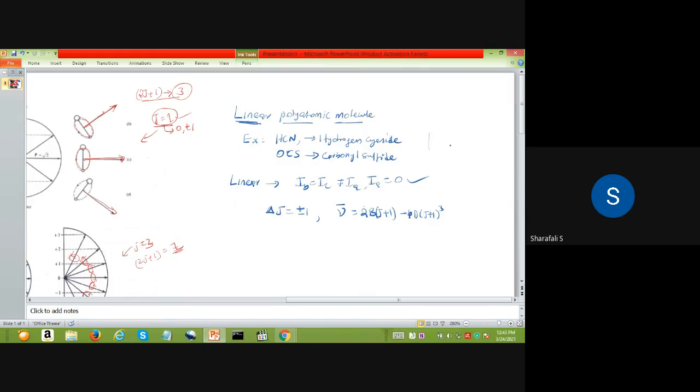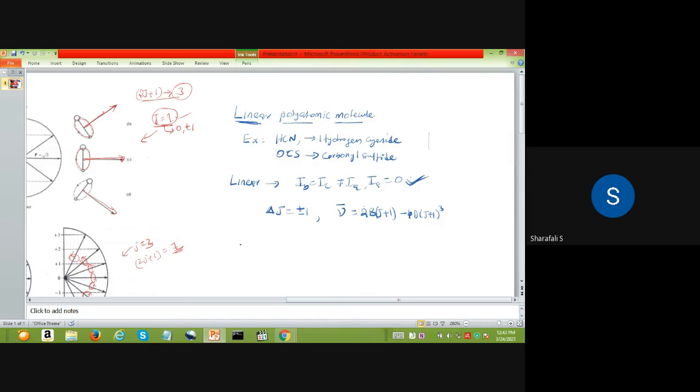If all these conditions are the same, then where will that change happen? The change will happen in terms of moment of inertia. The moment of inertia for the end-to-end rotation of this linear molecule, when we have more than 2 atoms, will be greater than that of a diatomic molecule.